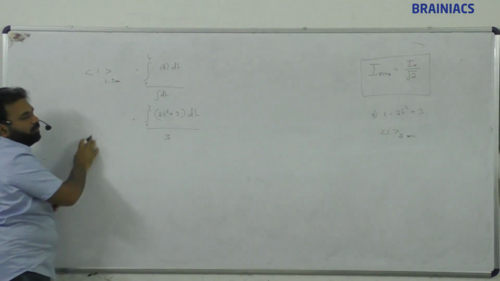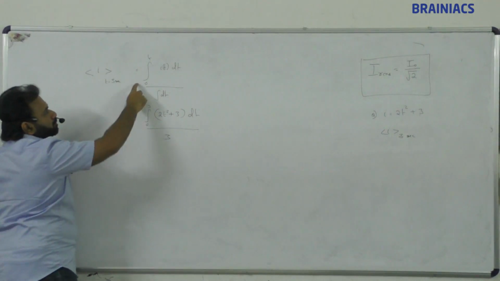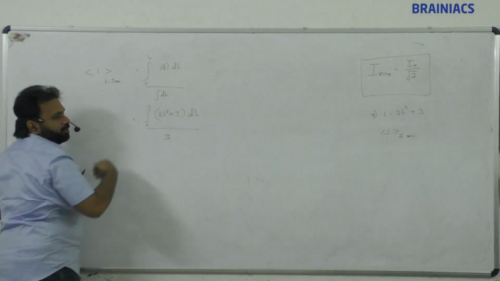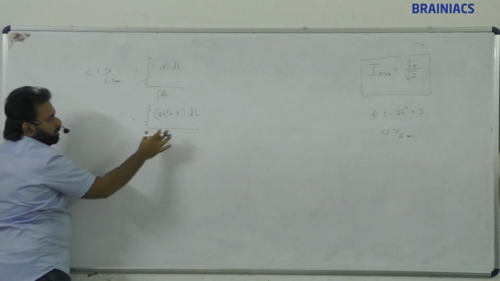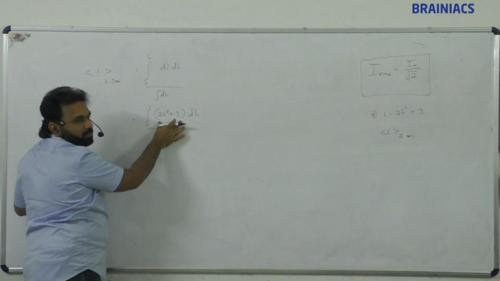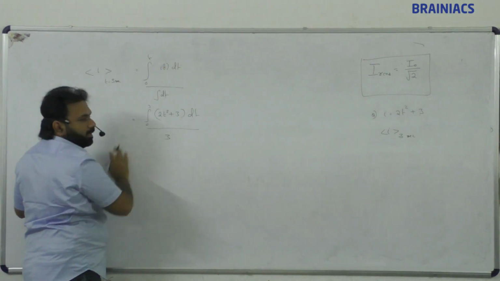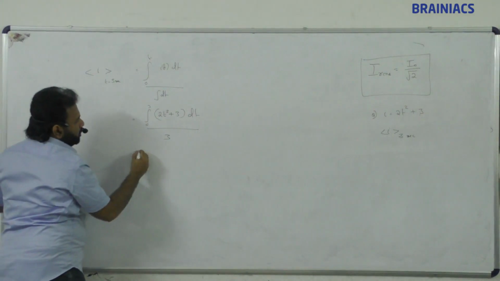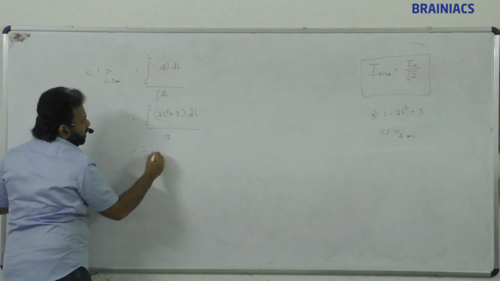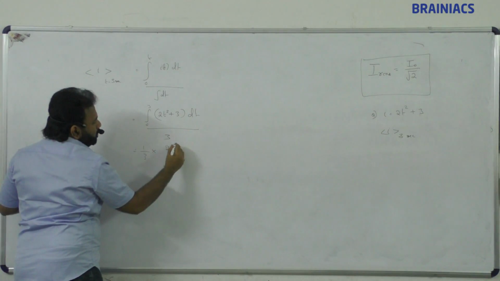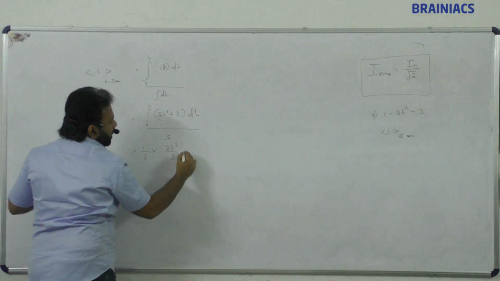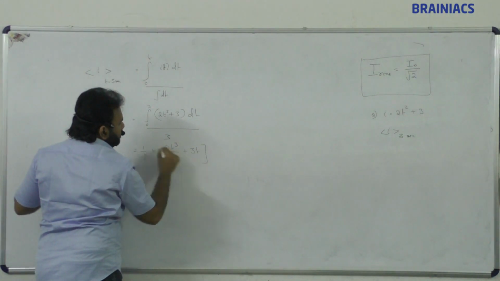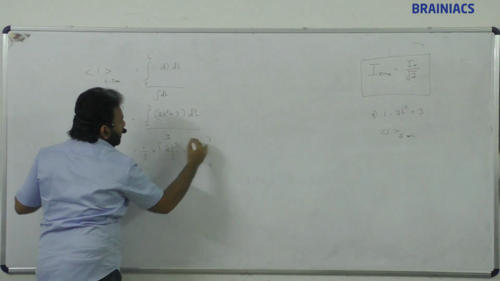Any function, if we need to find the average, what? We integrate the function from 0 to T and divide by T. So I put the same function here, 3 seconds they have given, I put the limit. Now we can integrate this: 1 by 3 into 2t cube divided by 3 plus 3t, putting the limit 0 to 3.